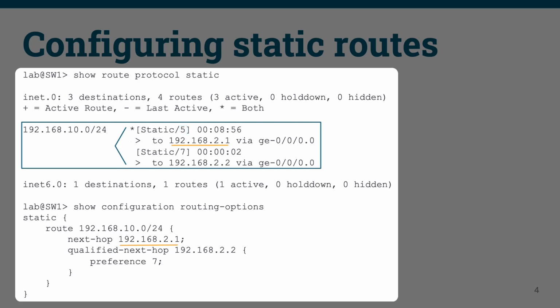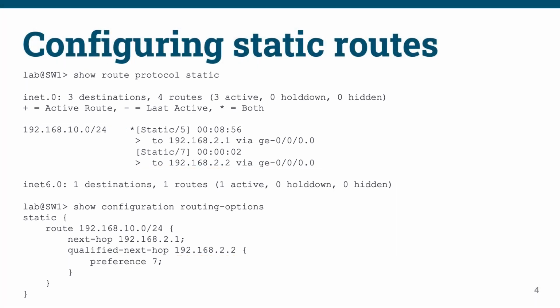Then below, we have the qualified next hop with the configured preference value of 7. Now, a static route will appear in the routing table as long as the next hop is reachable. This may be used as an aggregate or summary type route, though doesn't take into account if the more specific route is reachable downstream, as we'll see in the following slides.